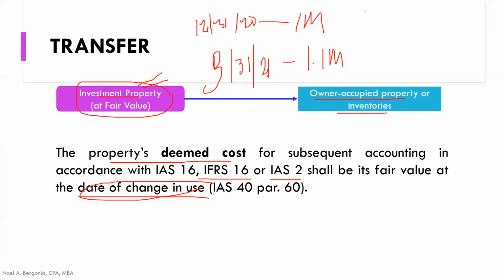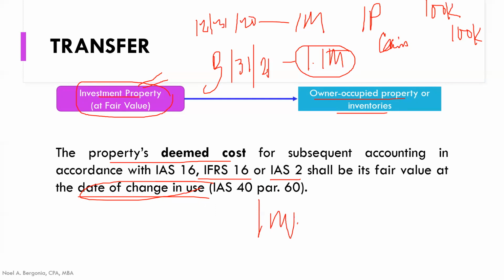So you will be debiting investment property and then credit gain on fair value change, 'di ba? So that's 100,000. Pero ang ita-transfer mo na, so 1,100,000 na yung value ng investment property, ang ita-transfer mo na pag halimbawa naging inventory siya, so debit inventories, 1,100,000, and credit tayo ng investment property, 1,100,000.